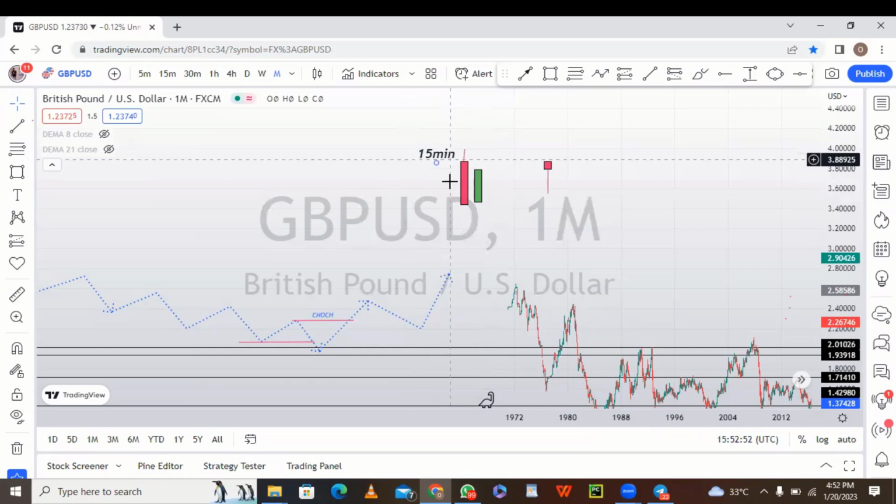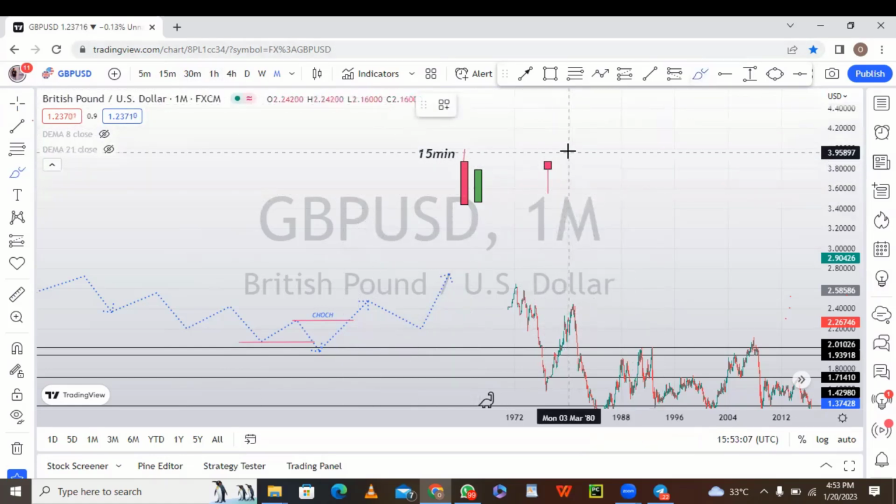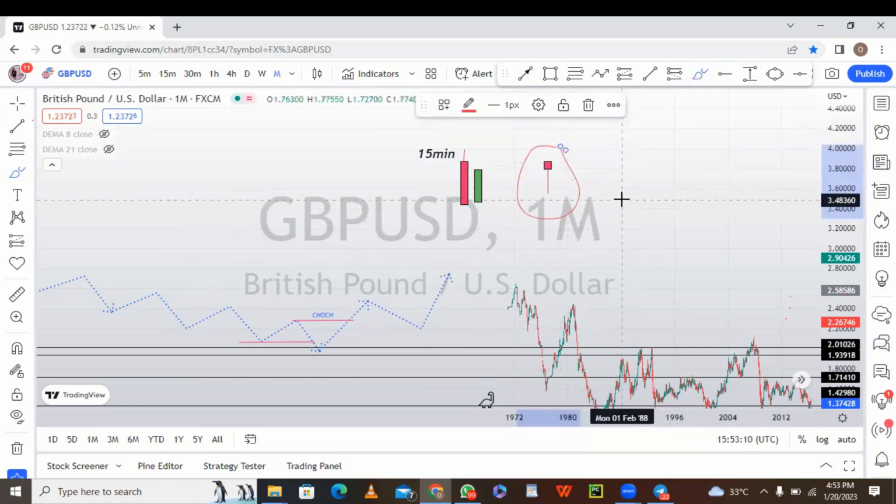The resultant effect of these two candles on the 30 minutes, because 15 minutes plus 15 minutes is definitely going to give us 30 minutes, is that if you scale up to the 30 minutes, the candle you are going to see is this one. I hope that is taken.